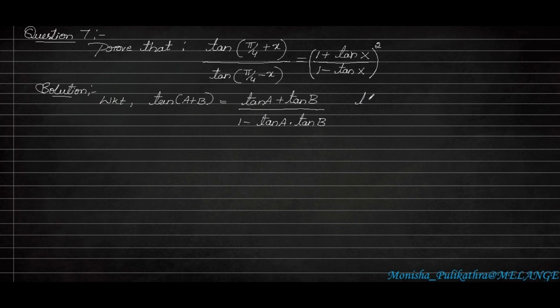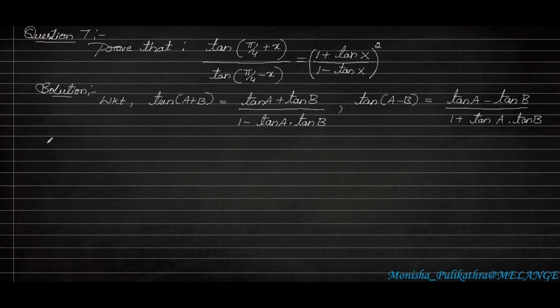In the same way, tan(a minus b) is equal to (tan a minus tan b) whole divided by (1 plus tan a into tan b).